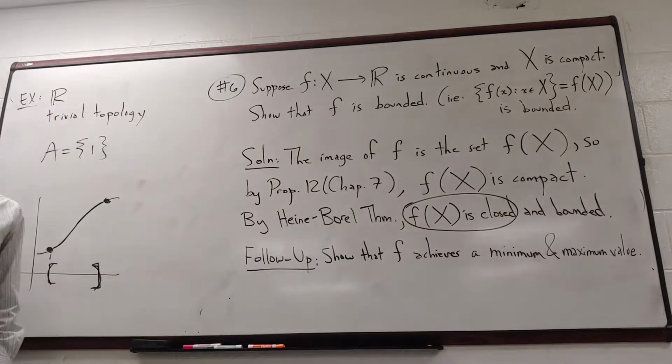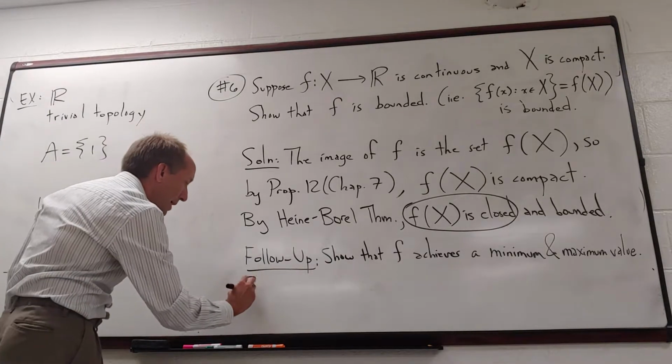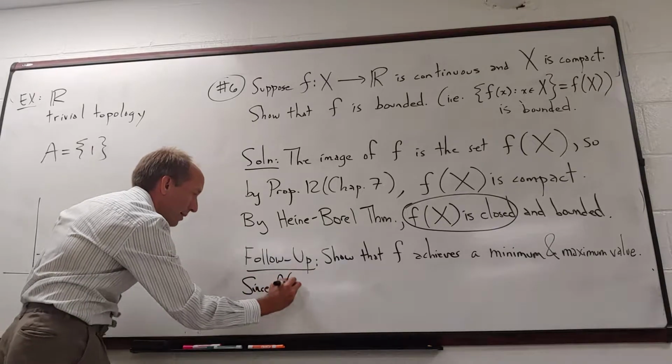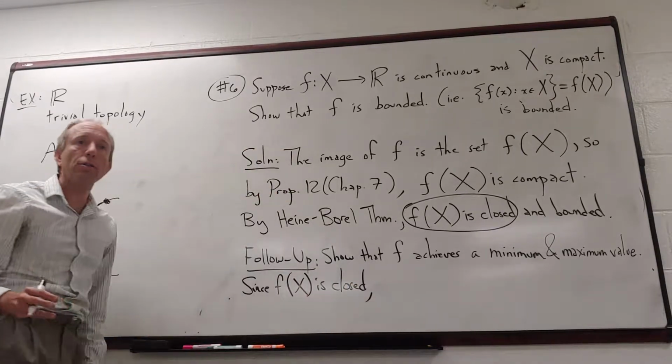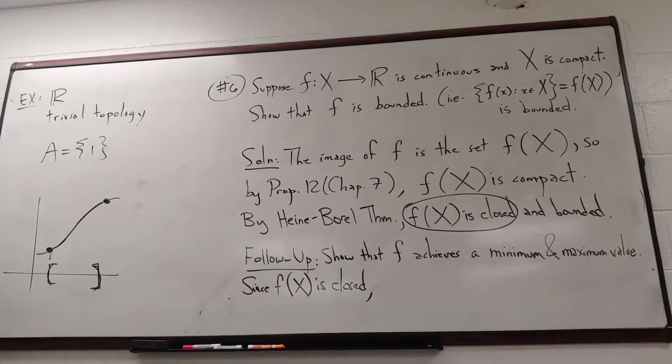Okay, so this is kind of continuing along from what we've already concluded, right? So since f of capital X is closed, right, it's going to contain its own supremum, right?